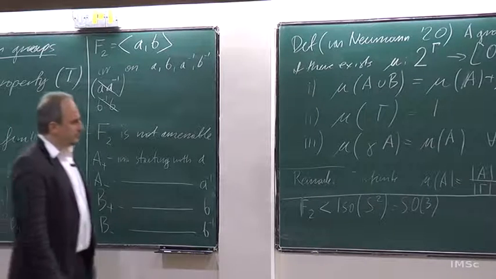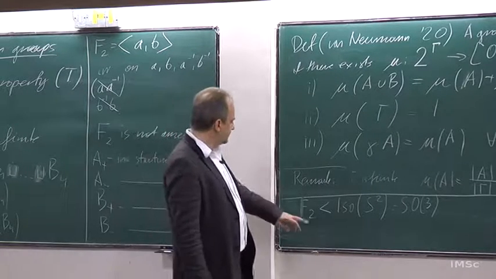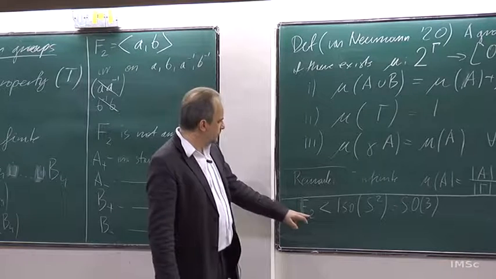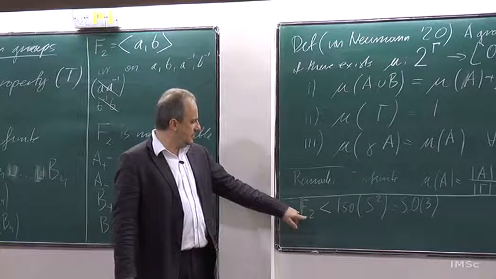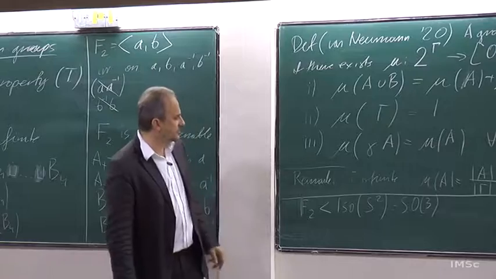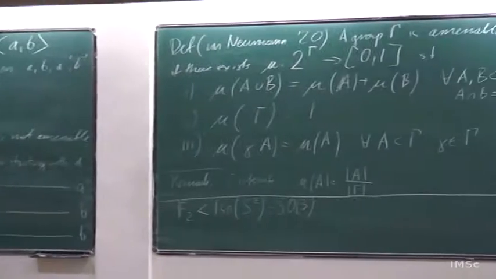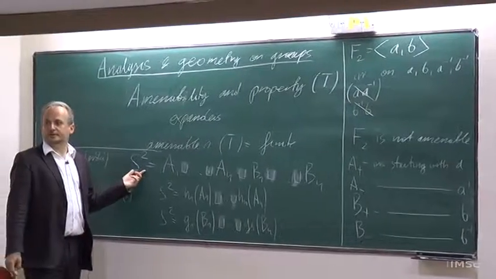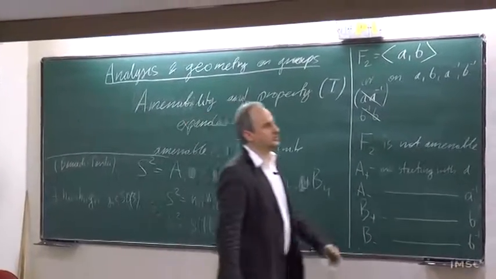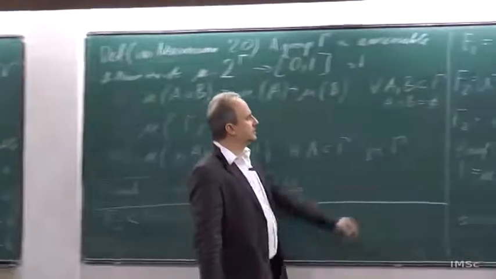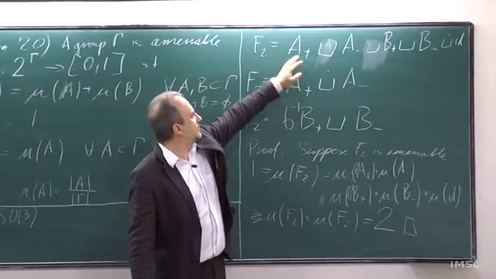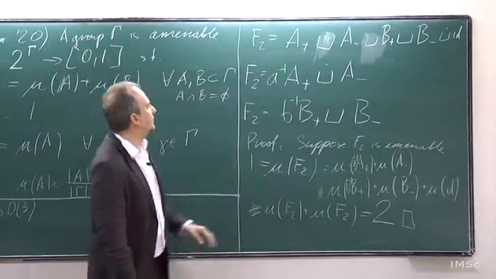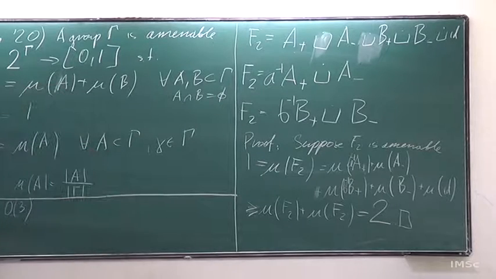Okay, so if these two isometries would act freely without fixed points on S2, one could simply induce this paradoxical decomposition of F2 onto a paradoxical decomposition of S2.